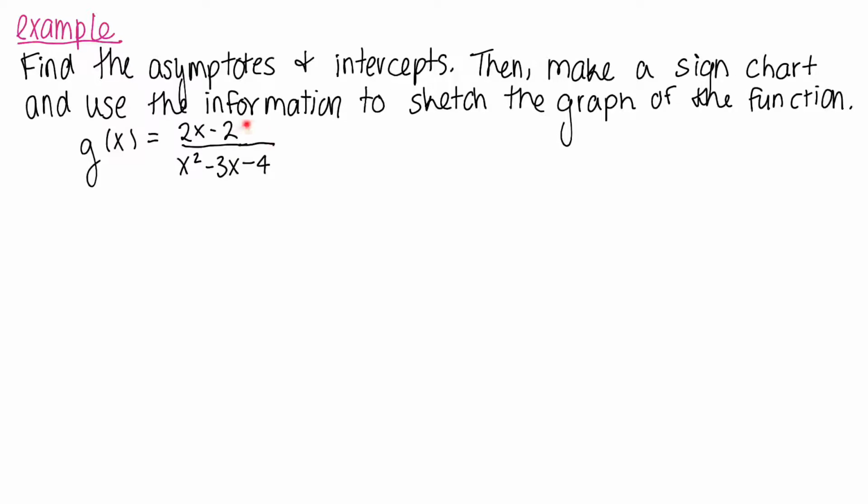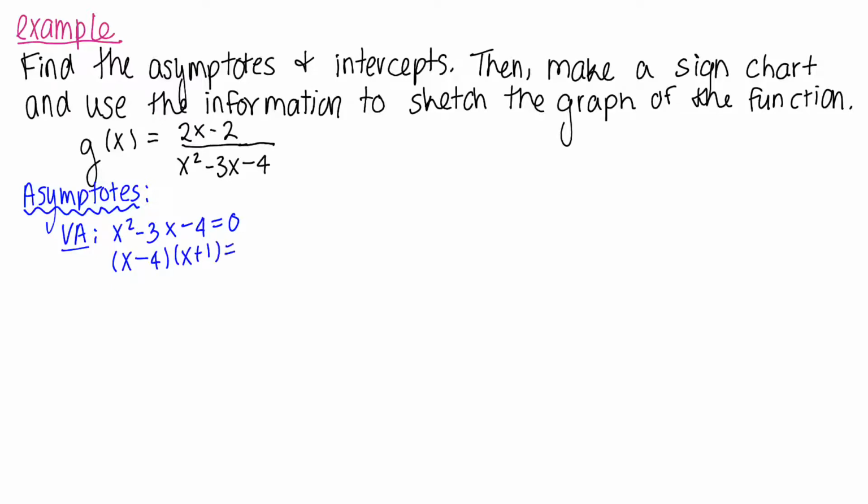So we have g of x equals 2x minus 2 over x squared minus 3x minus 4. We're going to start with the asymptotes. So with the vertical asymptotes, we're looking at the denominator being set equal to 0. This is a quadratic and I can factor it, so this will be x minus 4 times x plus 1 equal to 0.